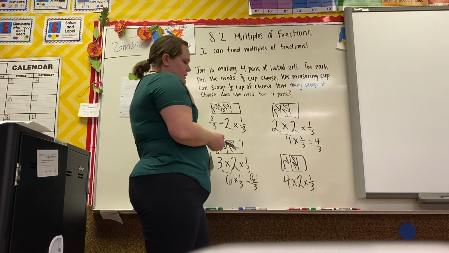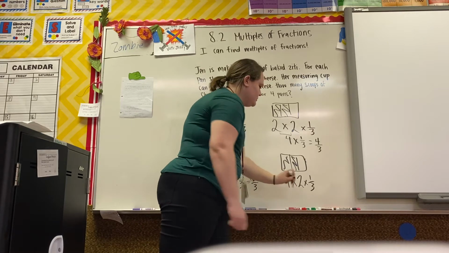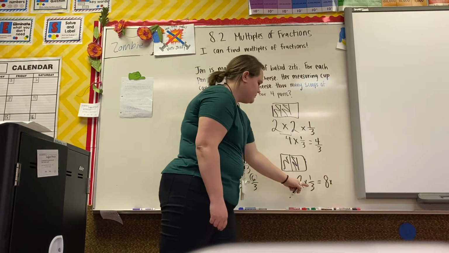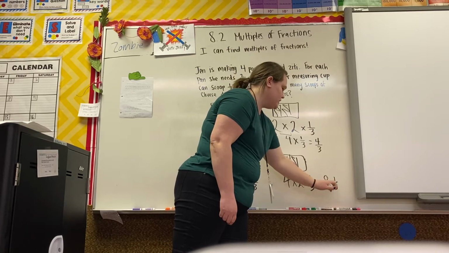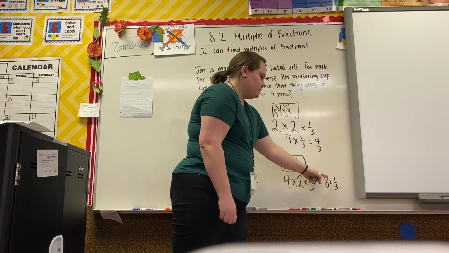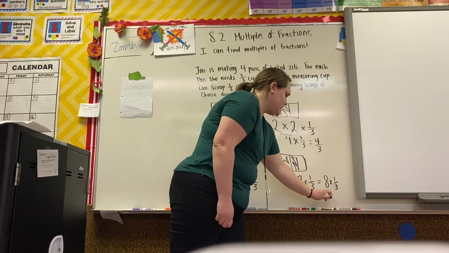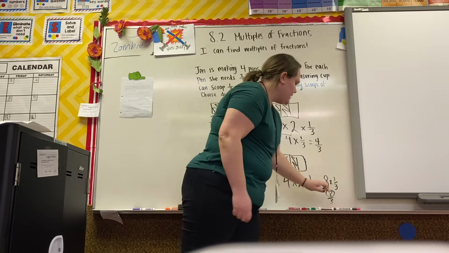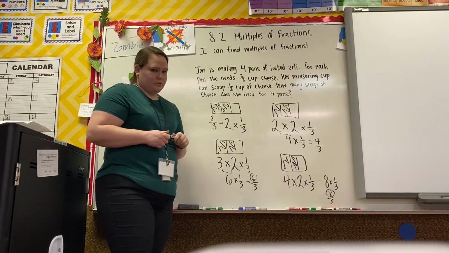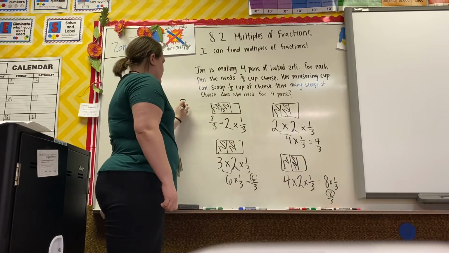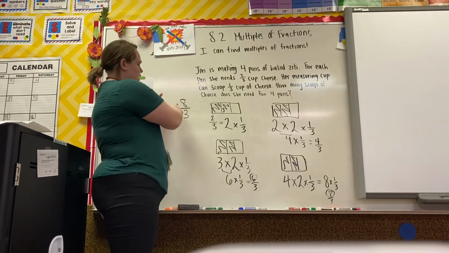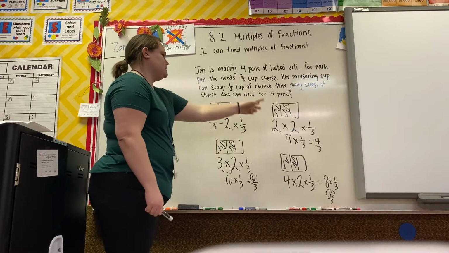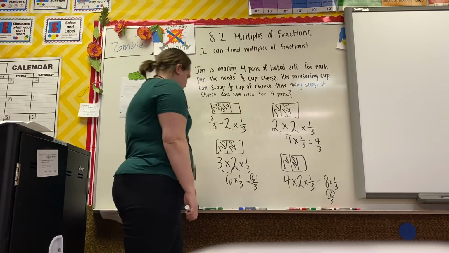So when I multiply that out, 4 times 2 equals 8 times my fraction 1/3, and then I can go ahead and multiply that out. 8 times 1 is 8/3. So altogether, I need 8 scoops. So 8/3 means that I need 8 scoops for my 4 pans. Okay? Hopefully that makes sense.